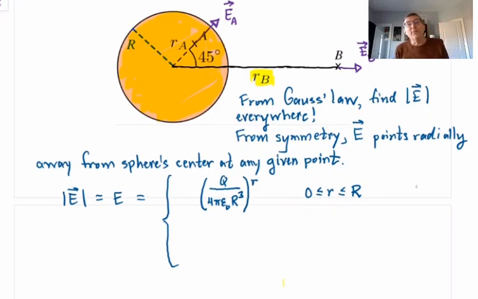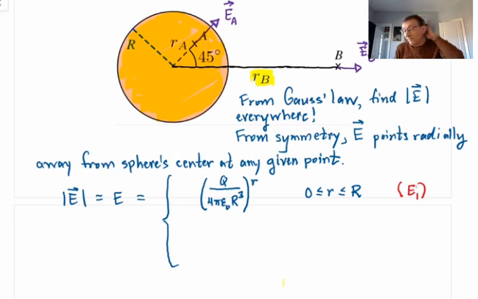That's the formula for the electric field magnitude at any point inside the sphere, up to and including the surface. And this magnitude function, I'm just going to denote as E1. E1 represents the field magnitude at any point inside the sphere.